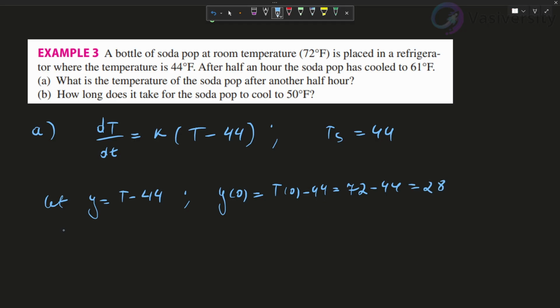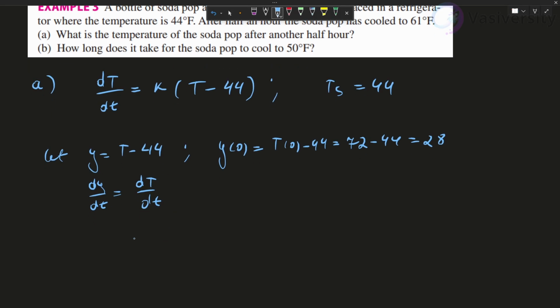So we're going to change that equation. If we take the derivative of it, dy over dt is just dT over dt. Plugging that back into the equation, we get dy over dt is equal to k times y, with y naught equal to 28.